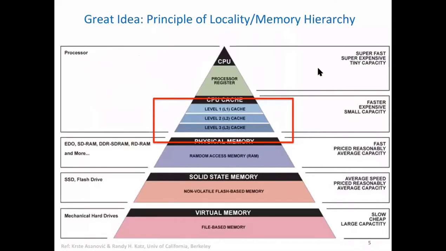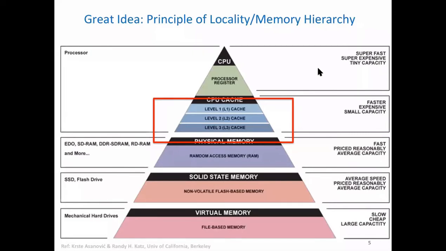So this concept we have studied several times before, that we create a memory hierarchy. We don't have only main memory and secondary memory. That used to happen say around 30 years back, or maybe 40 years back. But today we have very high speed cache memory, which we call level 1 cache.